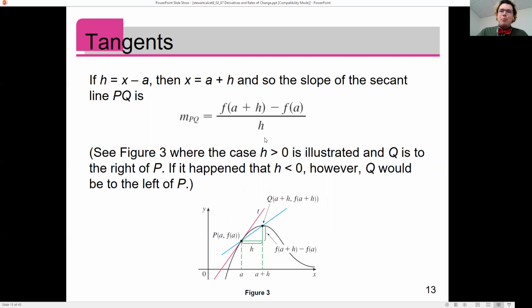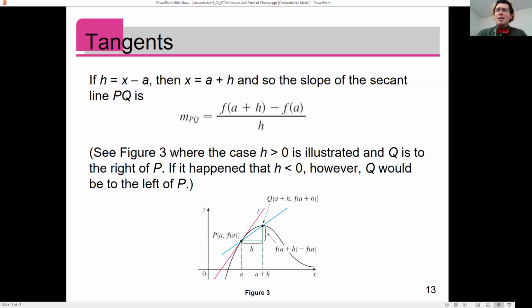So the slope of the secant lines, the blue lines where I've picked 2 different coordinates on the graph and I just calculate the line in between them, that slope formula, rise over run, will always look like f of a plus h minus f of a, all divided by h. So that will be the same formula every single time for the slope of the secant line.